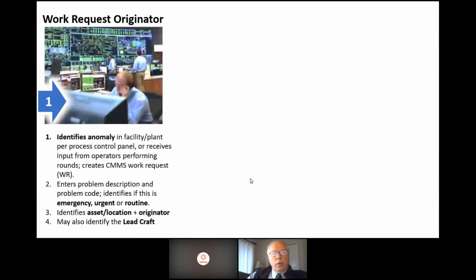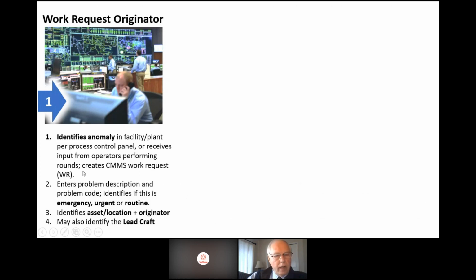So I'm going to show you 3 key roles here. Someone initiates the work request. It could be operations. It could be a student at a university. It could be a maintenance person even. But let's say, okay, originator. They identify the anomaly and they call it in. They have a service request screen that they log on to. They contact the building owner.